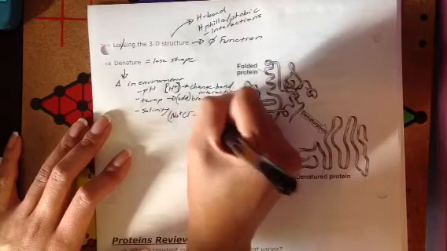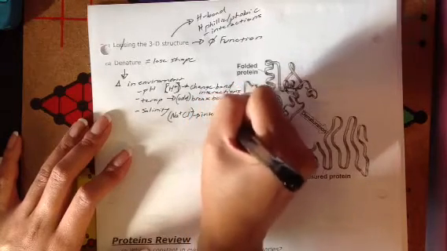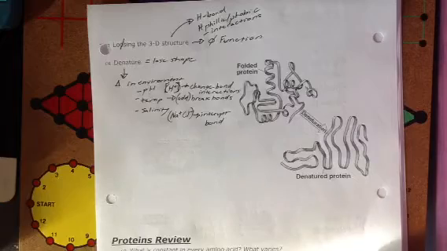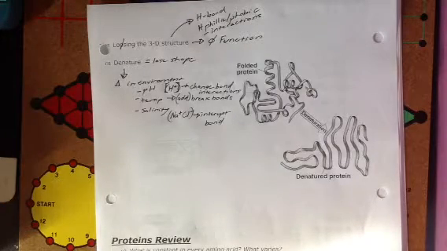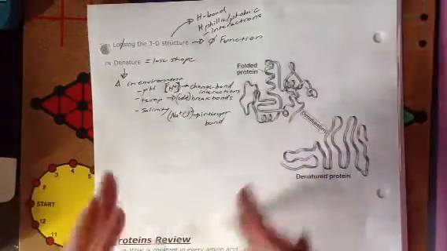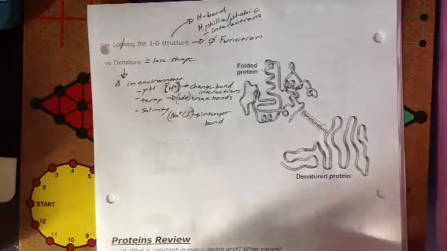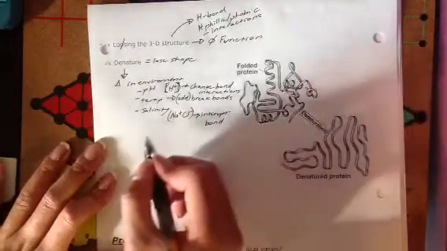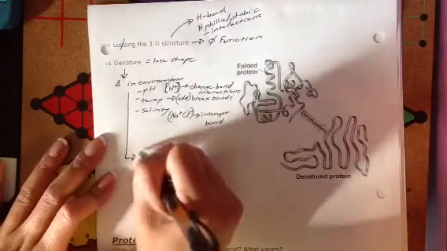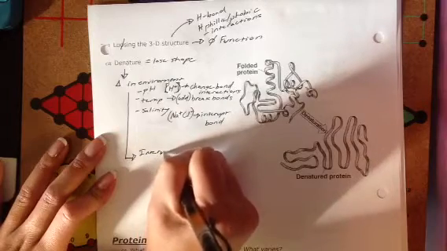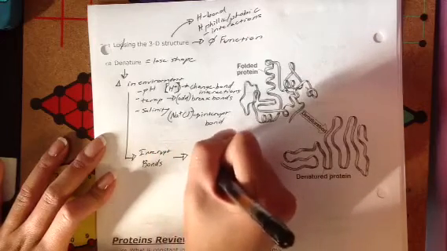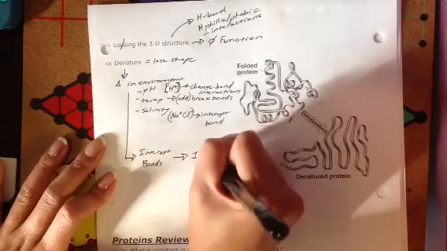And what this can do is this can actually interrupt bonds, because remember that the bonds, the charges, the polarity, the electronegativity can cause these bonds to form together. And if you have these added in there, it can separate them, or it can block them from forming properly. So when you interrupt these bonds, when you're changing all of this in the environment, you interrupt those bonds, and you cause problems in the primary structure.